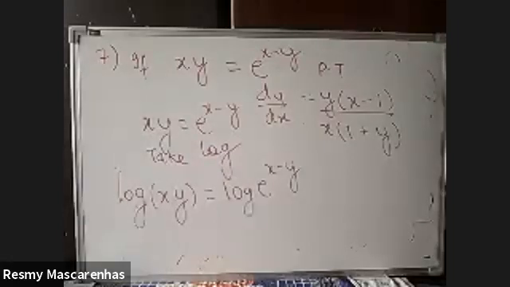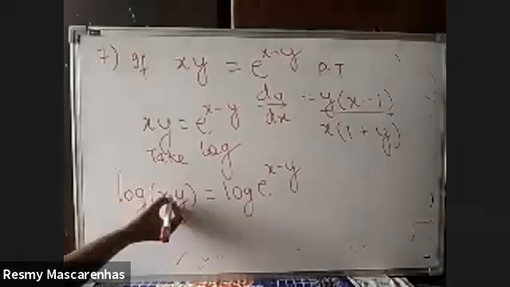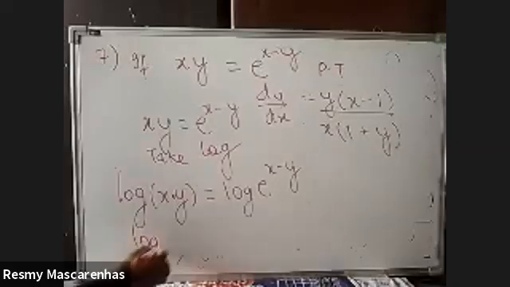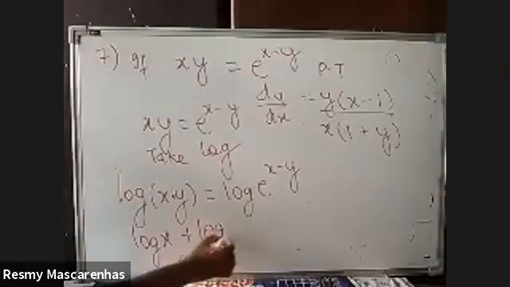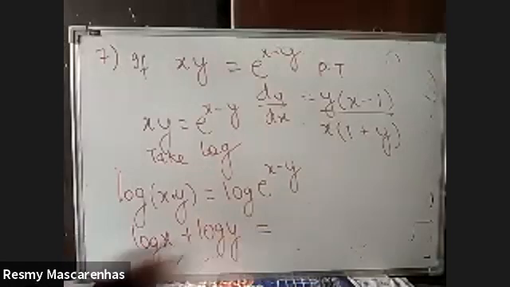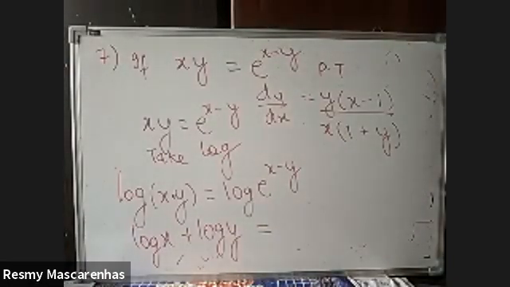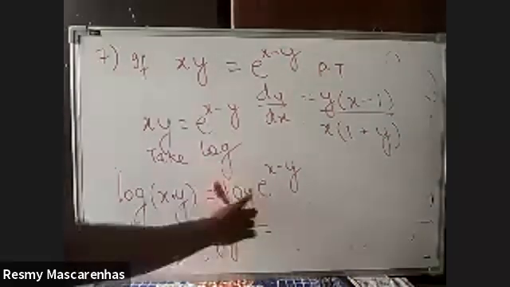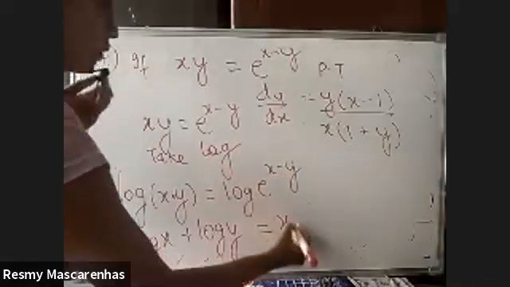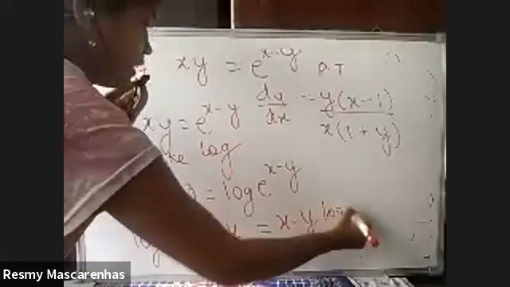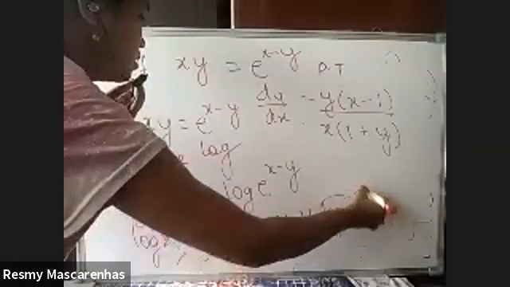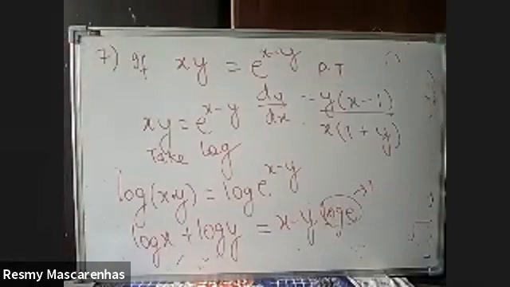And log of a into b is always log a plus log b, which will be equal to, see this is now the power will come out, and log e will be anyways 1. The log e value is 1. So what will remain is only x minus y.